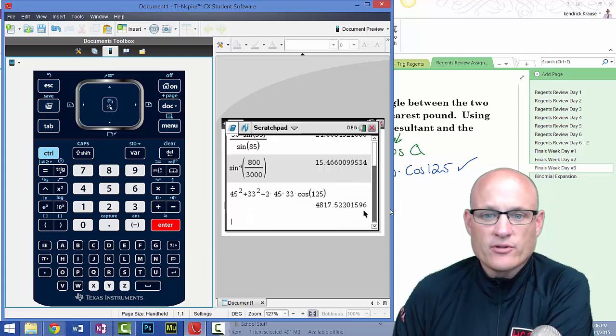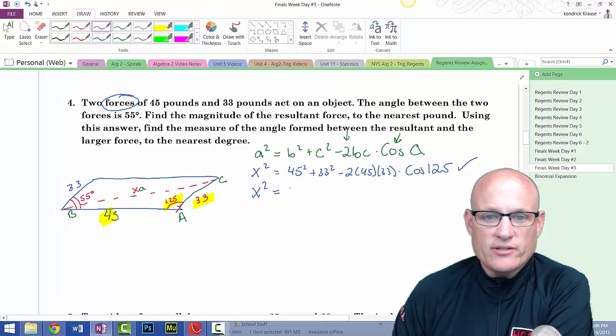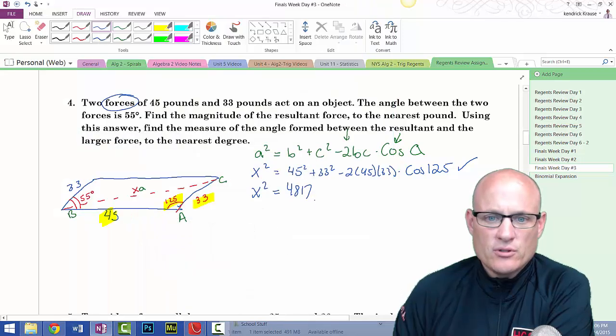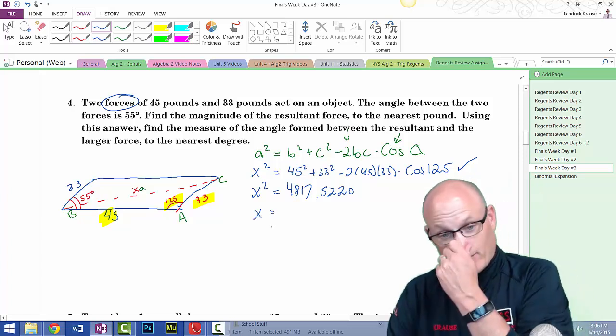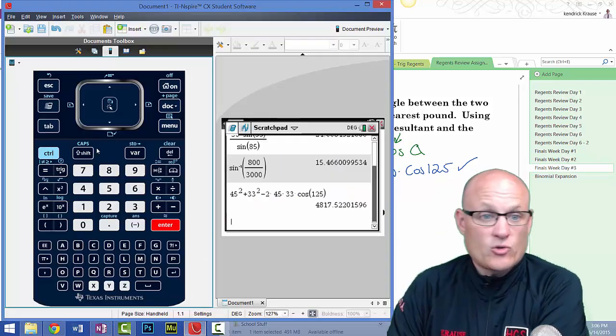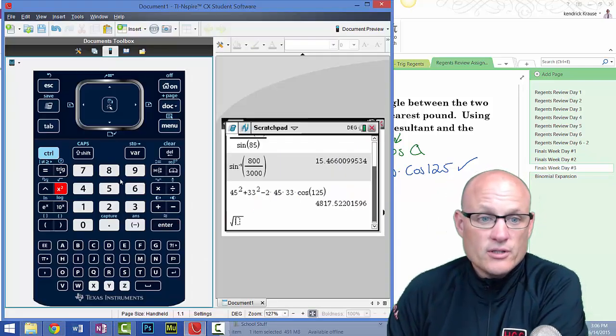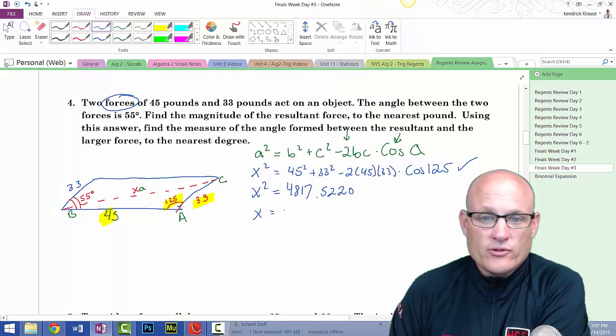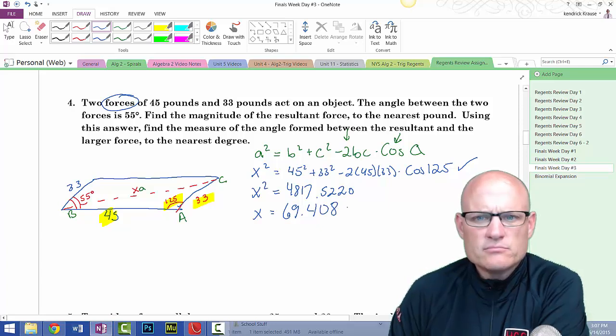Now you don't want to round this. 4817.5220. That gives me enough. Oh, that's x squared, so in order to get the whole thing, I have to take the square root of that. The square root of the answer is 69.408. To the nearest pound, x equals 69.